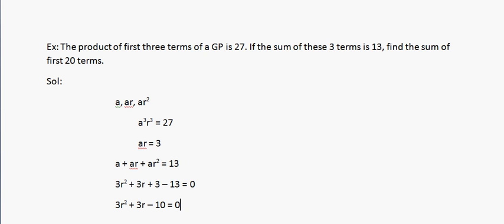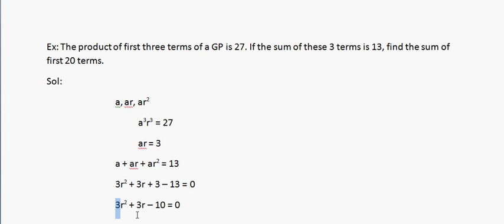Now we have to factorize it so that we get 3 in the middle, right? So 10 is equal to 5 into 2, and a is also there, it is 3, right? So we have to make 30 in such a way that we get some value of r, right?